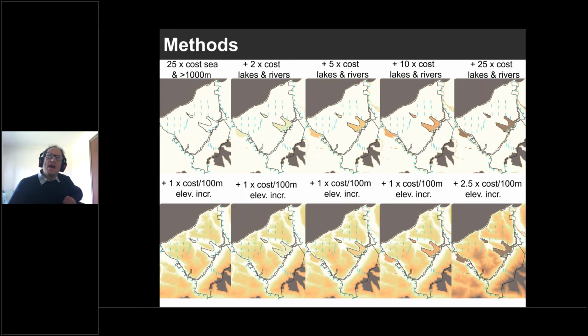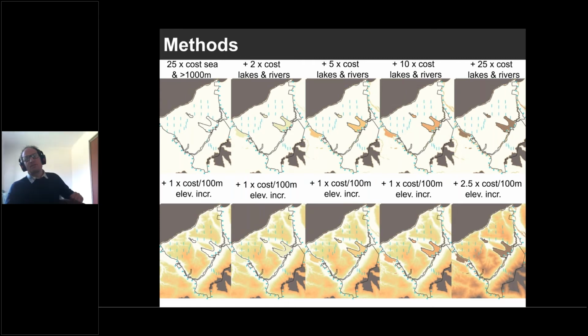And then I created from that basis a series of cost surfaces with increasing cost for crossing lakes and rivers, from 2, 5, 10, 25-fold on the top of this figure. And then in the bottom added an elevation penalty, so a 1-fold cost for every 100-metre elevation increment gained.